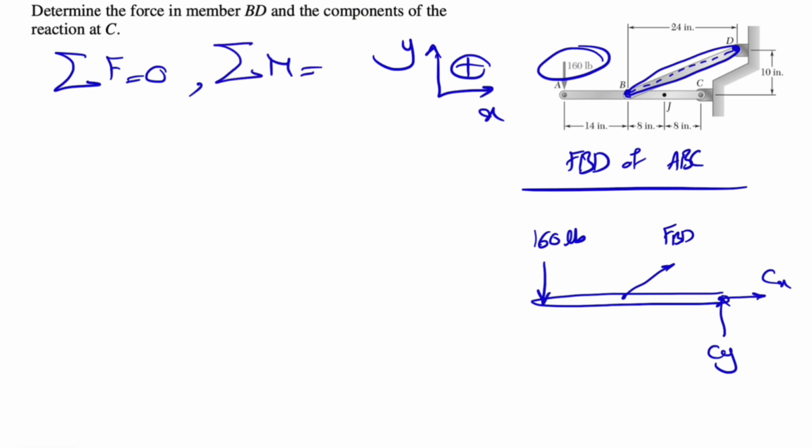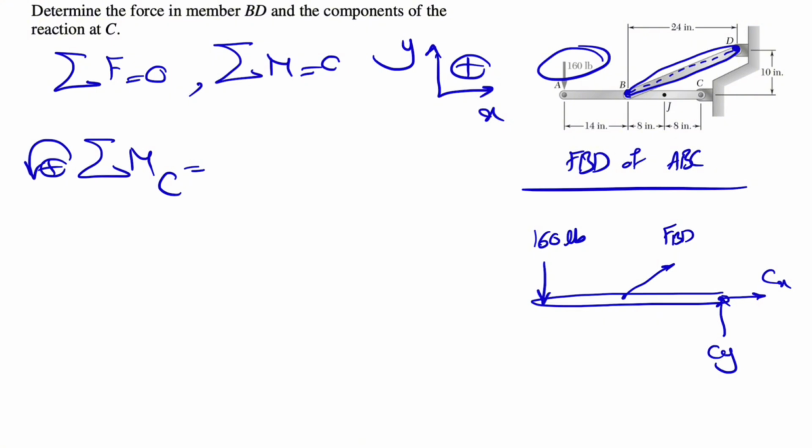And we're going to have the same thing for moment. That way we can find up to 3 unknowns in this question. So let's start with the moment equation. Since we have the most unknowns at point C, we're going to start with C. That way we cancel Cx and Cy.